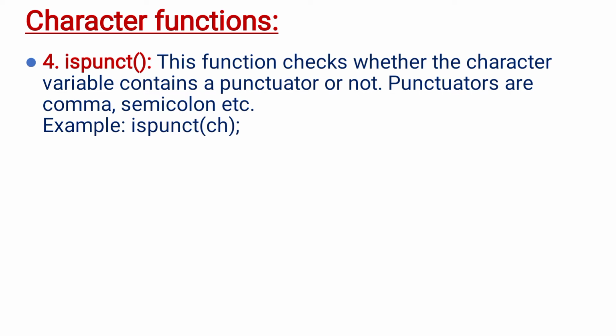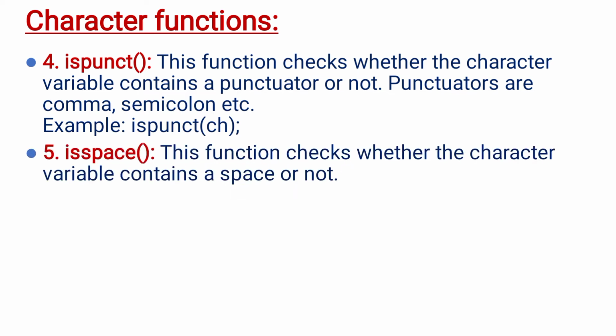Some examples of punctuators are the comma symbol, semicolon symbol, question mark symbol, and exclamation symbol. Let's see one example: isPunct(ch). If the character variable ch has any punctuator symbol, it returns true. Otherwise, it returns false.